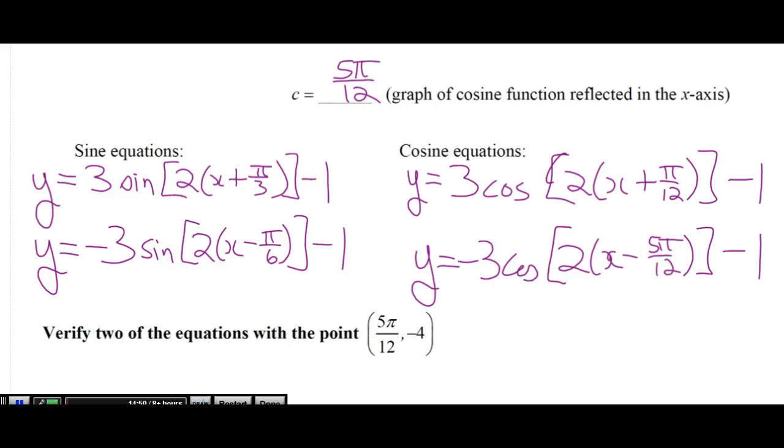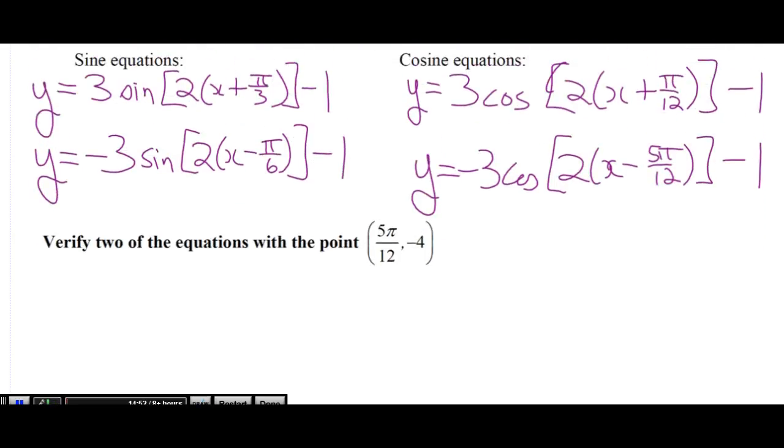Verify 2 of the equations. Okay, which 2? What would you like to verify? We'll call them 1, 2, 3, 4. 1 and 4, fine.